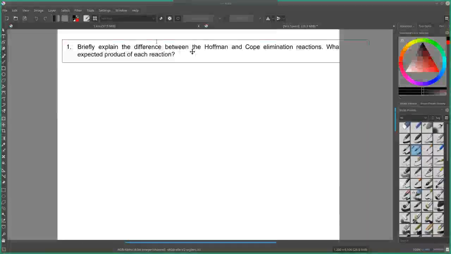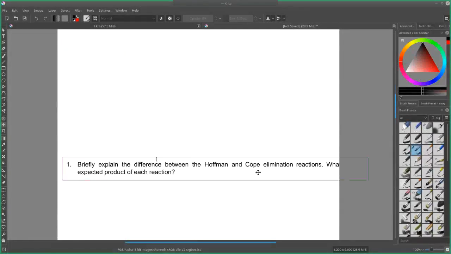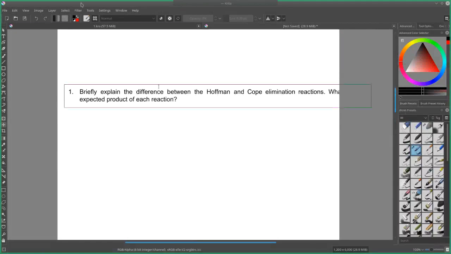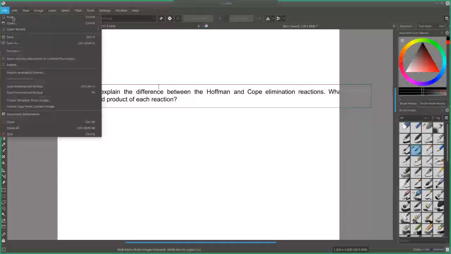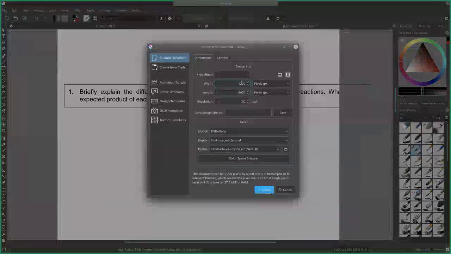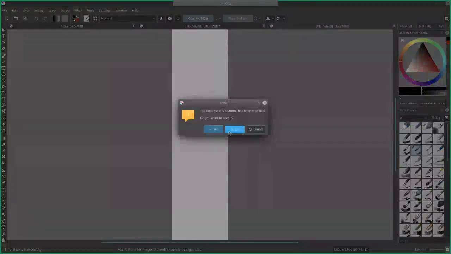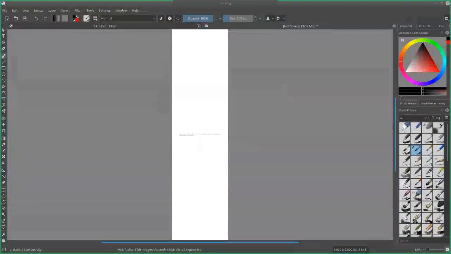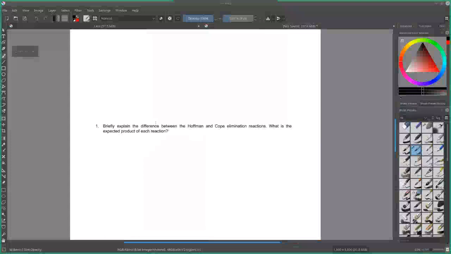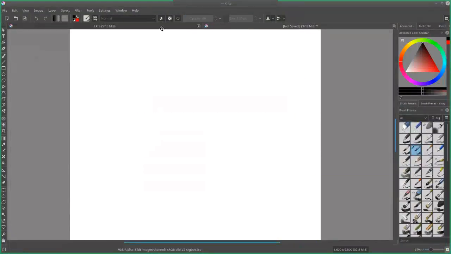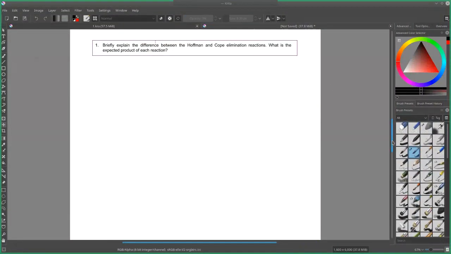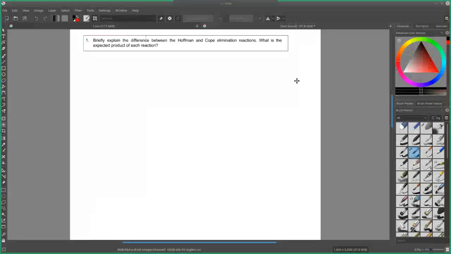I'm not sure if I can rescale it, but I'll move it up here. I'm kind of new to using this thing. Okay, I made the document wider. Copy, paste. Now it fits. So I'll move this up all the way to the top, and we'll start working on it.